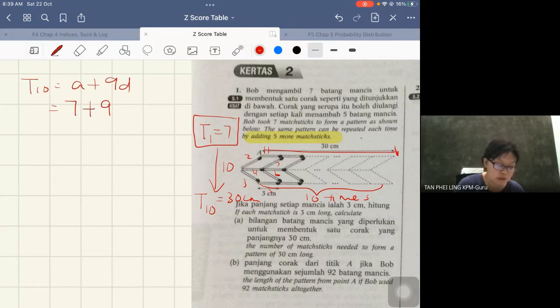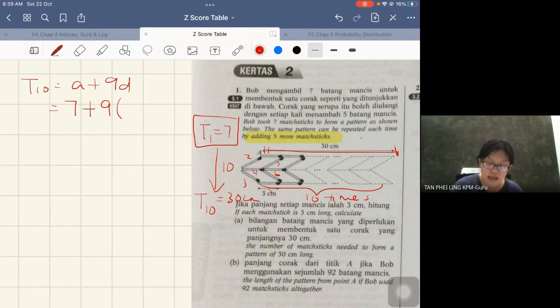Then each next one will be 5 matchstick, right? Because back to the question, they actually want the number of matchstick needed. So here you are looking at each time adding the 3 cm, but you are focusing on the matchstick that can form this. So that's why your first one used 7 matchstick.